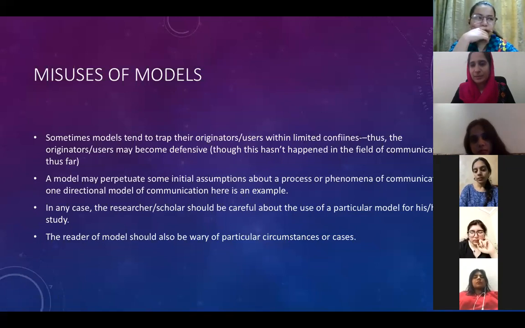Whoever is seeing this model may think that communication is a process that has only four components, and may completely overlook another component, maybe noise. Maybe there is another element of noise.